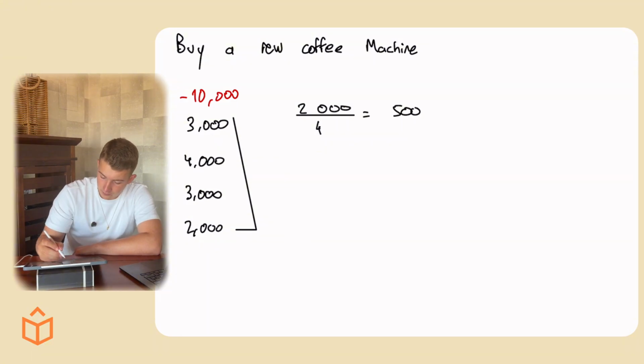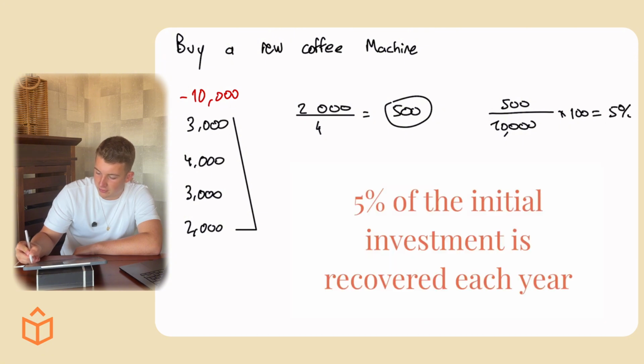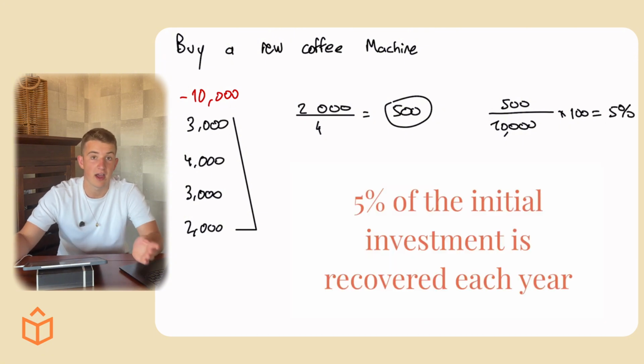So we get this number and divide by the initial investment. Which will equal 5%. So we will, on average, be recovering 5% of our investment each year.